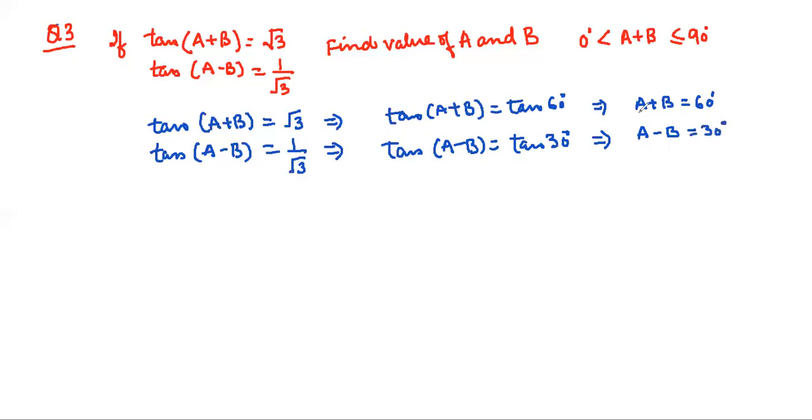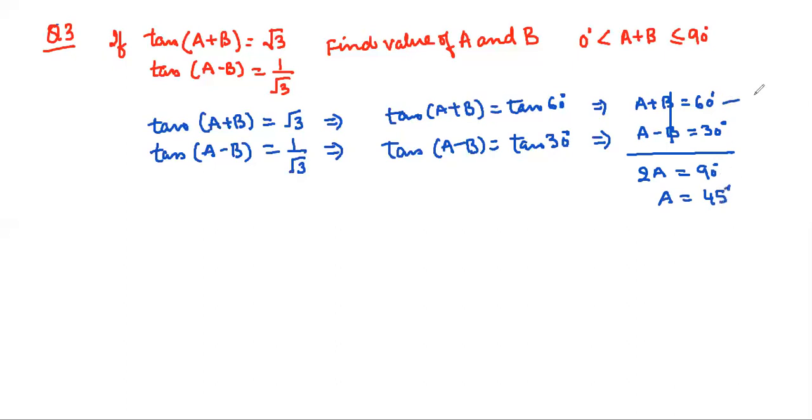Now, these are the two equations in the form of A and B. So you must remember the linear equation in two variables and elimination method. You are able to eliminate B, and you'll get 2A is equal to 90 degree. That means angle A is equal to 45 degree.